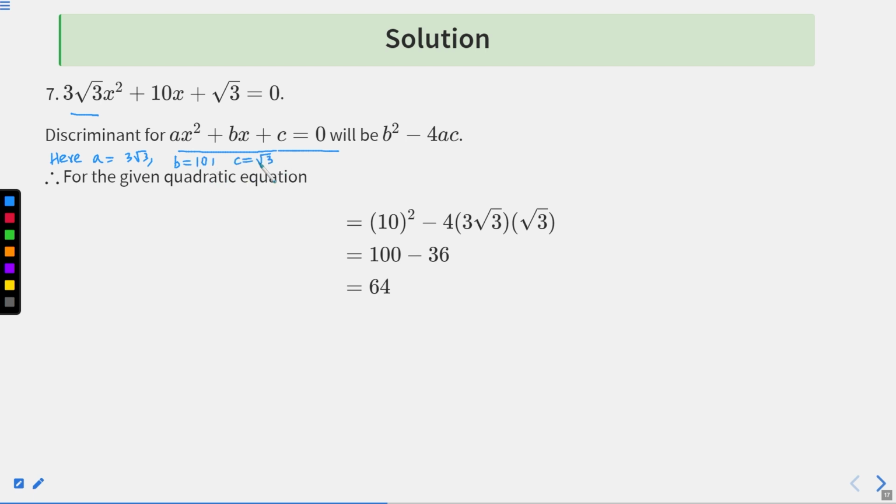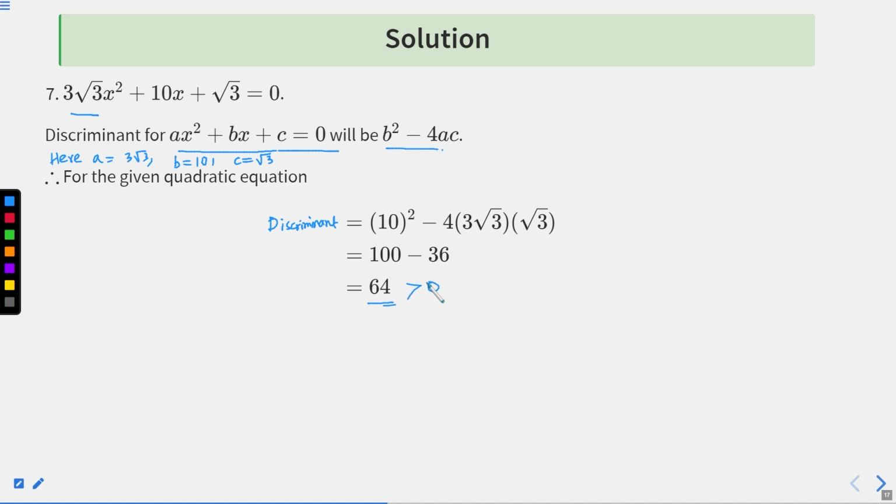Now if we put all the values of a, b, c in this expression, then for the given quadratic equation the discriminant is equal to 10 square minus 4 times 3 root 3 times root 3, that is 100 minus 36, which is equal to 64. So for this quadratic equation, the discriminant is 64 and this is positive.